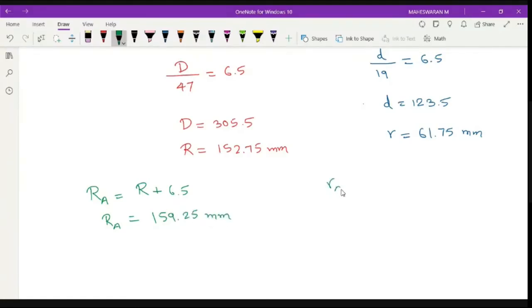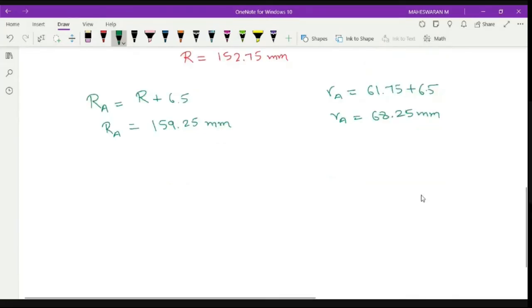What is small ra? 61.75 plus 6.5, so small ra is 68.25. Yes. So now I have got everything, so let us identify one by one.